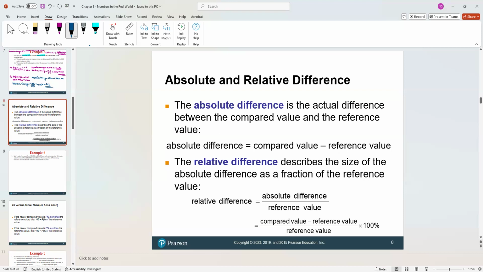The absolute difference is the compared value minus the reference value. That's the first one right there.